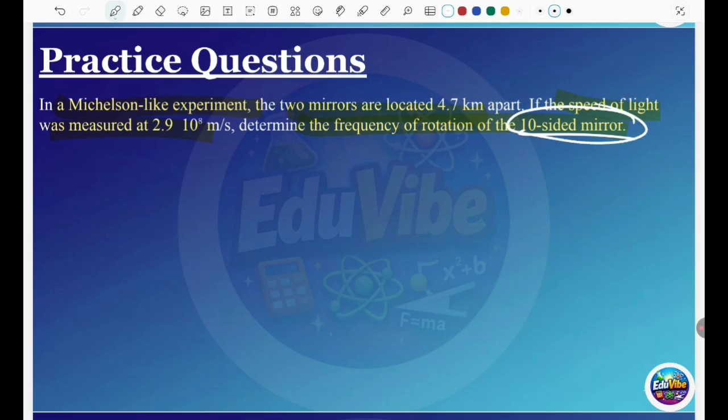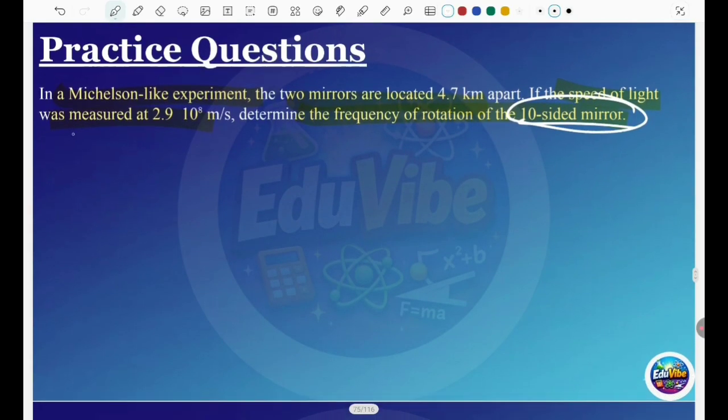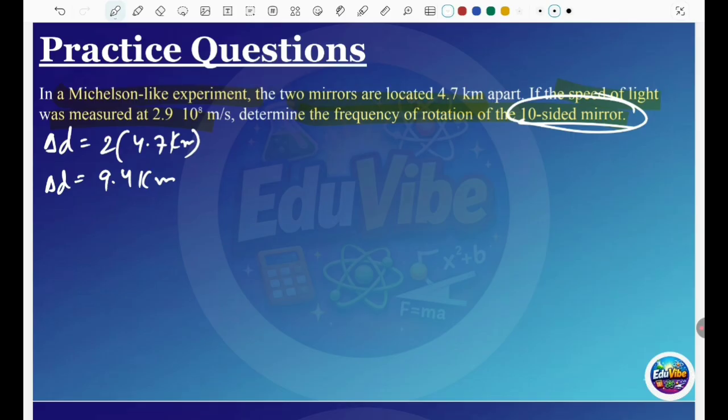In this question, a distance is given, so we have to multiply it by 2 first. So delta d is 2 times 4.7 kilometers, which gives about 9.4 kilometers. Now we have to find a frequency, so we work backward. If v is delta d upon delta t, we can find delta t from here: delta t is delta d upon v.